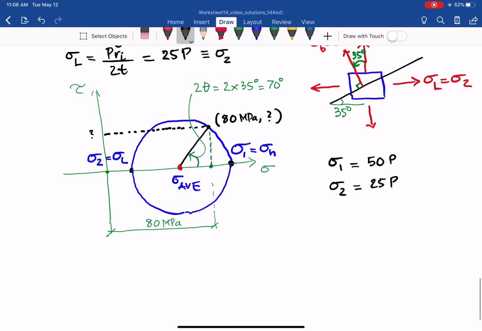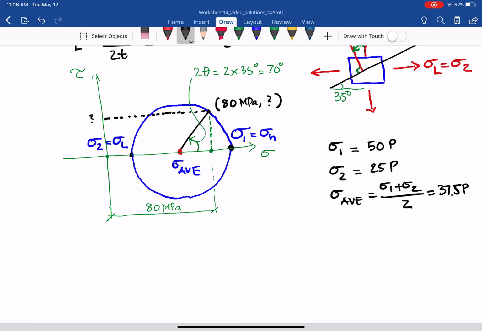So sigma average is equal to sigma 1 plus sigma 2 over 2. So it will be 50 plus 25 divided by 2, which is 37.5p.